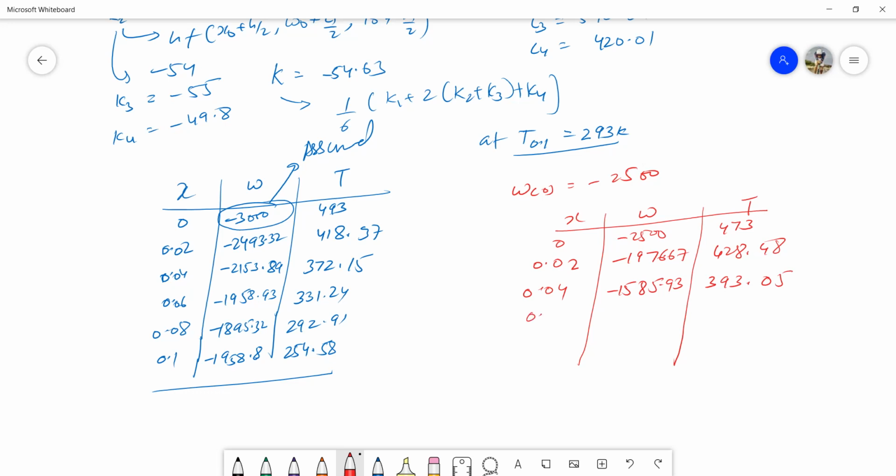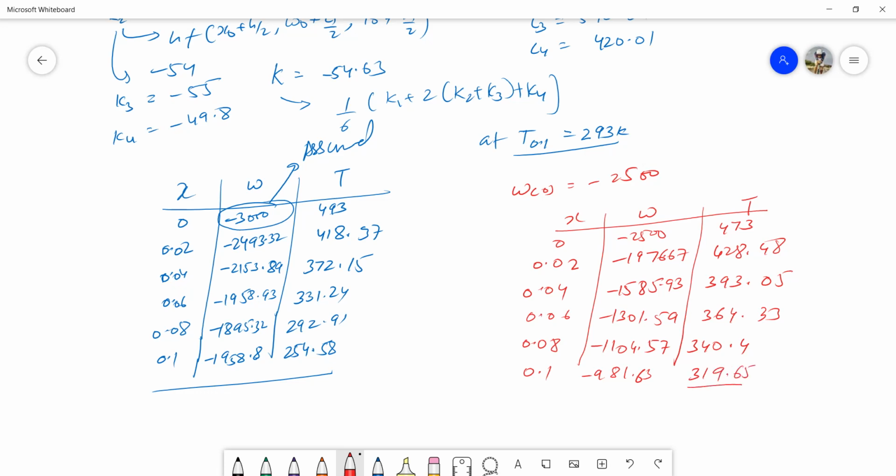You can see, 0.06, 364.33, then it is 0.08, 1104.57, we have 3.4, and at 0.1 we have minus 981.369, and we have 319.65.